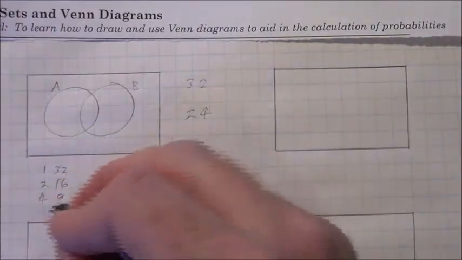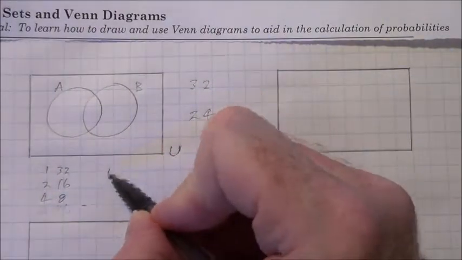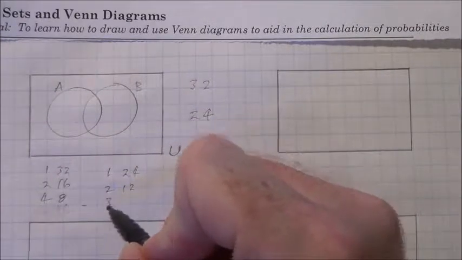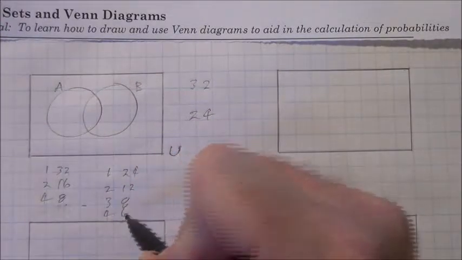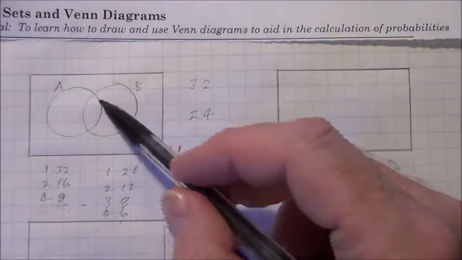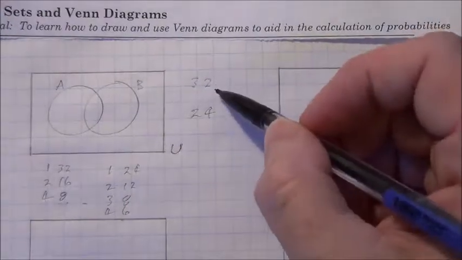Okay, so we've got those factors. And then the factors of 24 would be 1 and 24, 2 and 12, 3 and 8, and 4 and 6. So I'd write all the factors of 32 somewhere in the set of A.